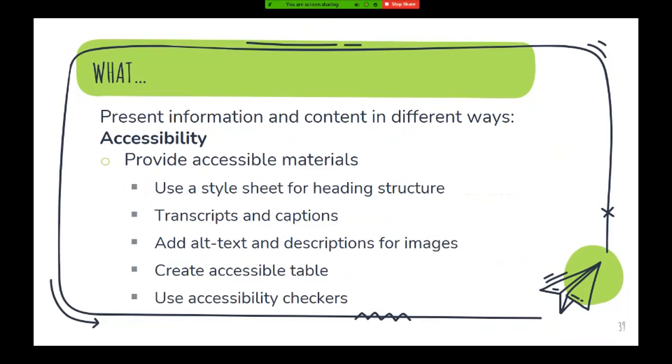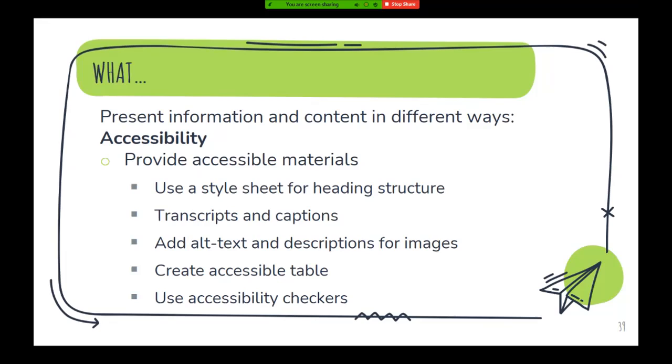So when we talk about that accessibility piece that I mentioned earlier, the government wants you to provide accessible materials when you're giving students digital materials, anything that they have to be able to access online.